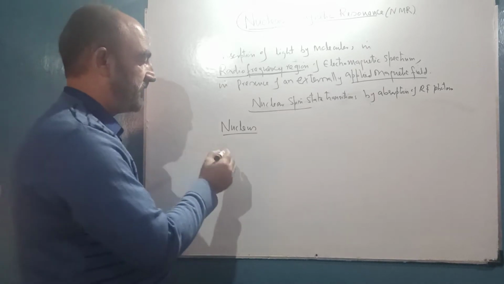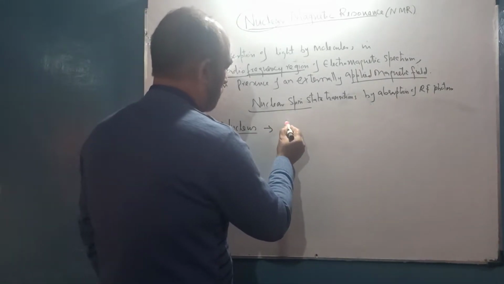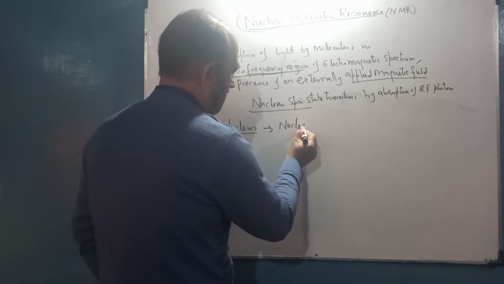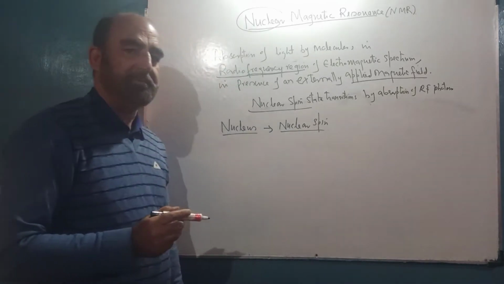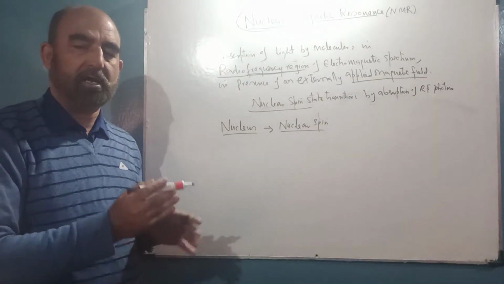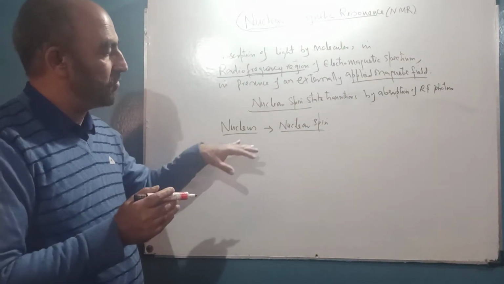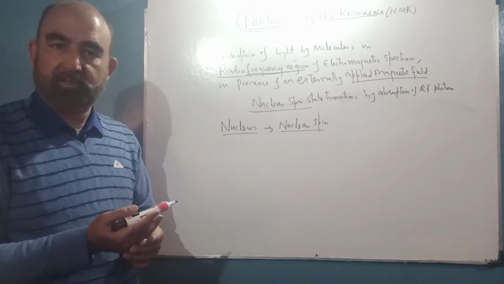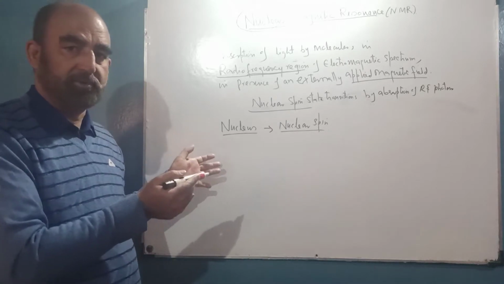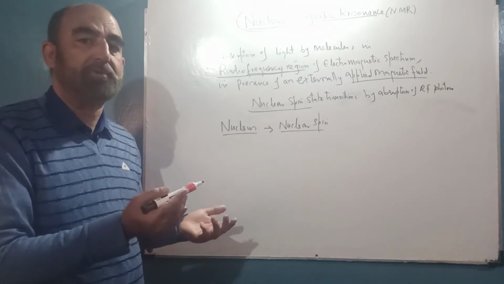So we have the nucleus and then we talk about the nuclear spin. There are many elements, a class of elements, where the nucleus has some net spin. And there are elements where the nuclei do not possess any spin.